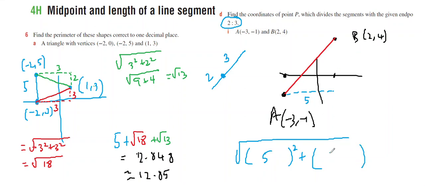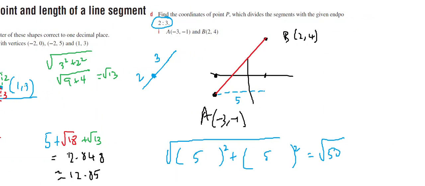So 4 minus -1 or 5 can be the square root of 25 plus 25, which is the square root of 50, which is 5 root 2. So if we have 5 parts, I'd like to work out what one part is, and then multiply it by 2 and multiply it by 3.